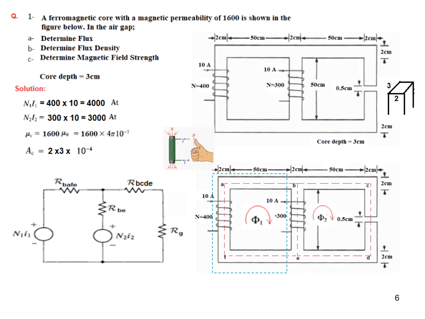And now since this is common between the two loops, so we'll treat this as separate. So this is the source here, and we have a reluctance BE. So this reluctance BE is here. And then whatever is remaining is the reluctance BCDE.